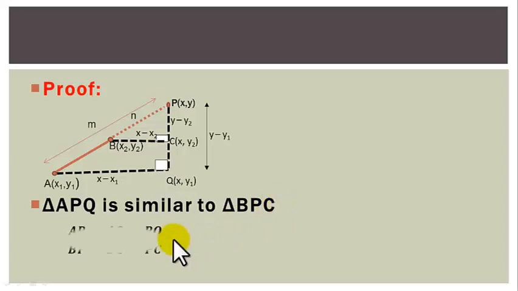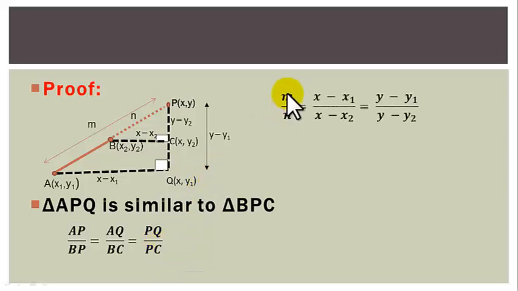That is, AP over BP is equal to AQ over BC is equal to PQ over PC. And that is, m over n is equal to x minus x1 all over x minus x2 is equal to y minus y1 all over y minus y2.